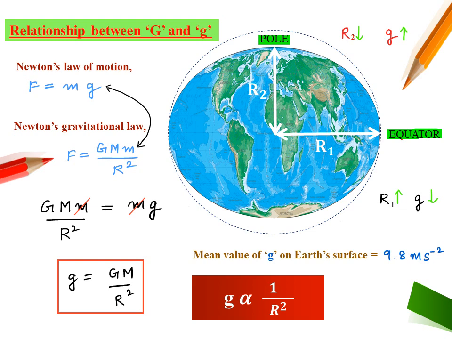So we have the acceleration due to gravity on the surface of Moon to be 1.6 meter per second square, and the acceleration due to gravity on the Earth's surface, as I already mentioned, is 9.8 meter per second square.